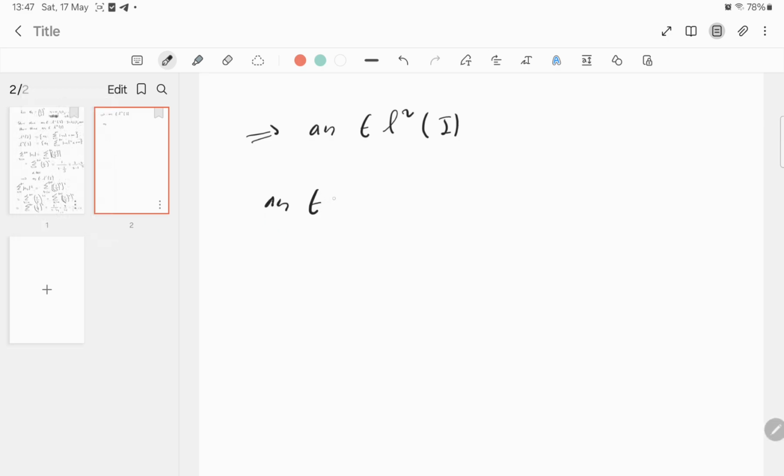So a_n belongs to the space of absolutely summable sequences, little l1, and a_n belongs to the space of square summable sequences.